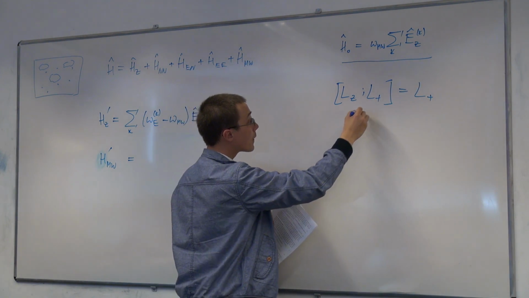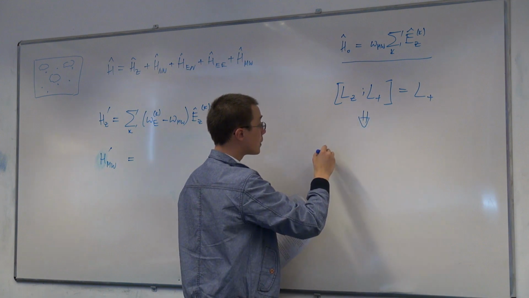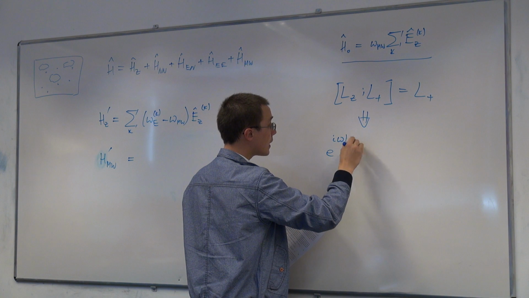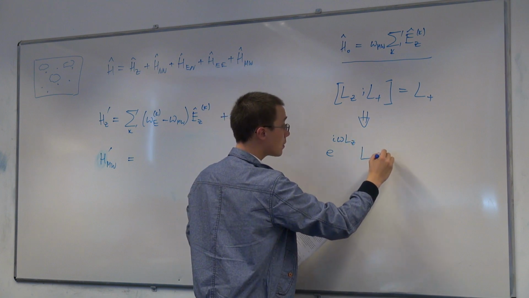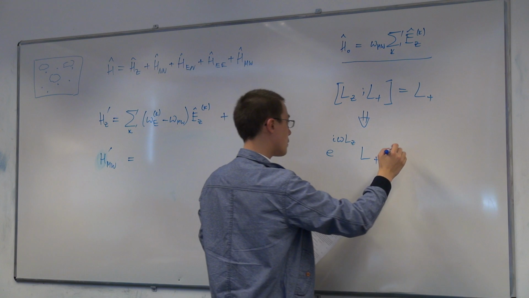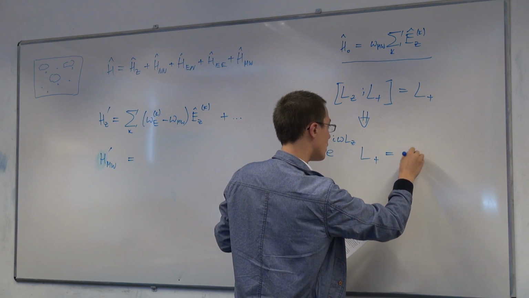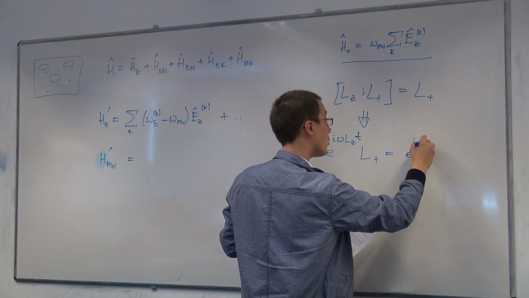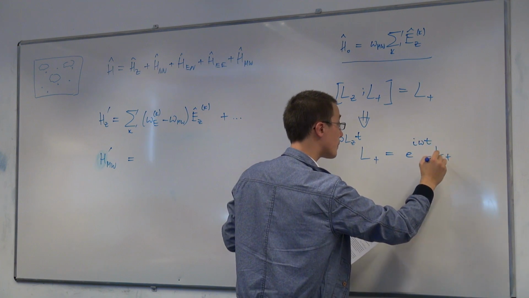And therefore, as a consequence of this, you can prove it yourself, e^(i omega Lz t) acting on L plus is equal to e^(i omega t) L plus.